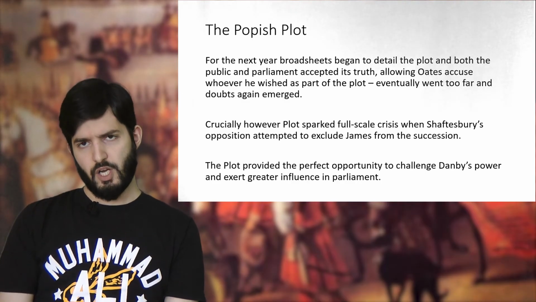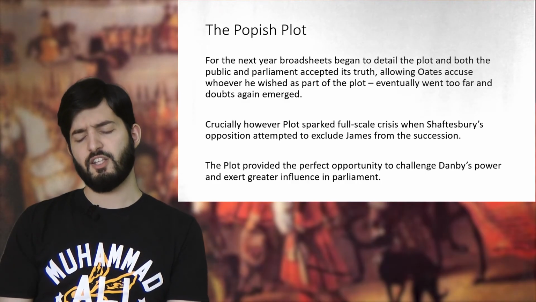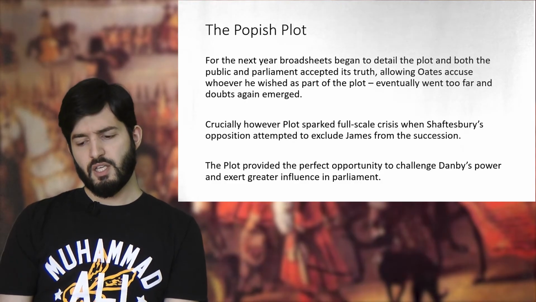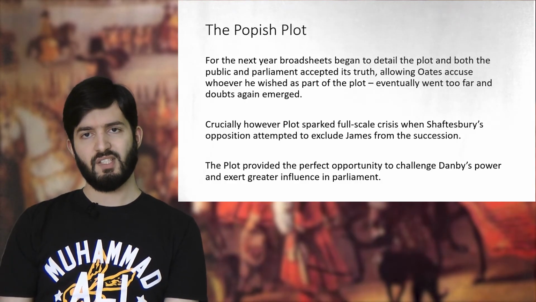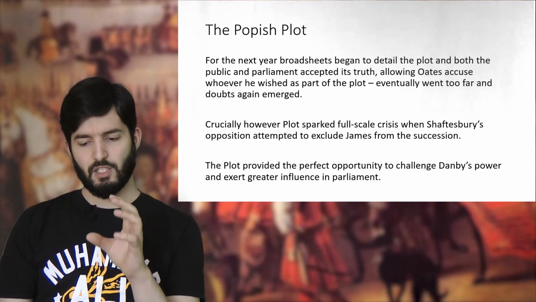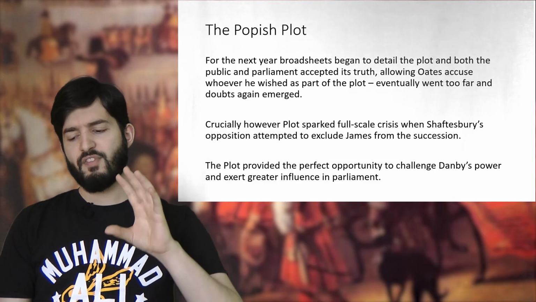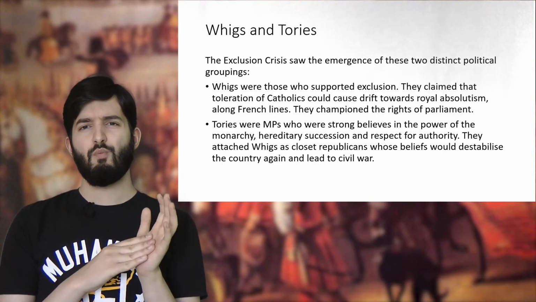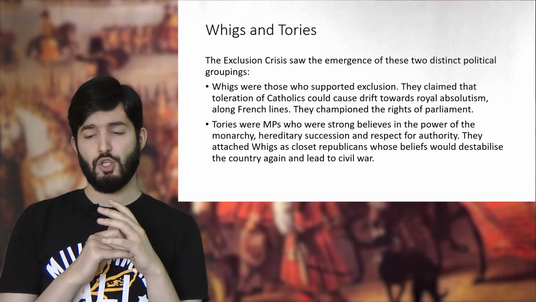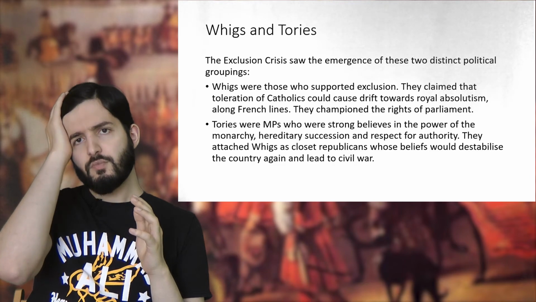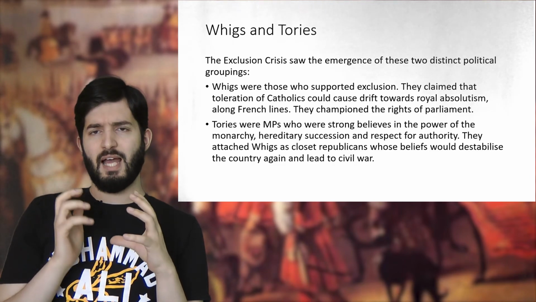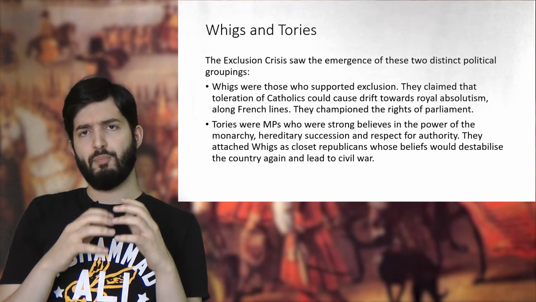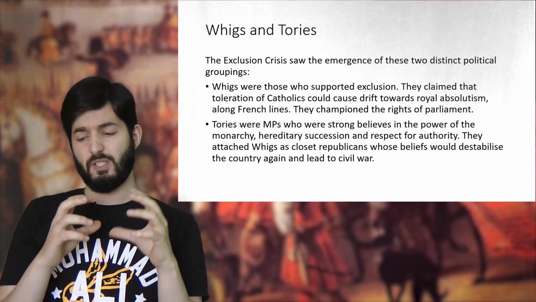And so at this point, I'll just quickly go through who the Whigs and Tories are, very briefly, because it relates to the exclusion crisis. The exclusion crisis sees the emergence of these two distinct political groupings. On the one hand, we have the Whigs, who I mentioned beforehand, develop around Shaftesbury, whose opposition to begin with is towards Danby and his use of royal patronage. But really, the Whigs are those who supported exclusion, excluding James from the succession.